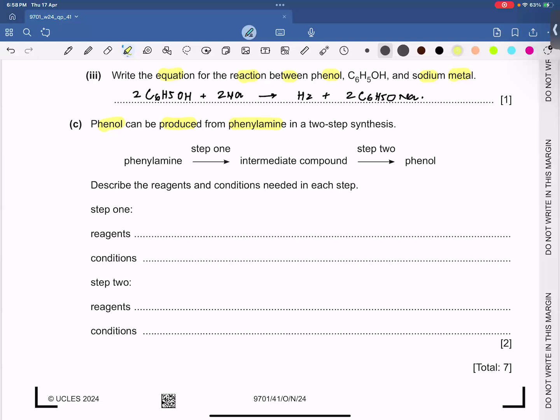Phenol can be produced from phenylamine in two-step synthesis. Describe reagents and conditions needed in each step. Phenylamine से आप क्या बनाना चाह रहे हैं? Phenol. So first of all, turn amine group into diazonium, and for that, I'm gonna use sodium nitrite and HCl as a reagent. Condition is going to be above 10 degrees Celsius. Okay.